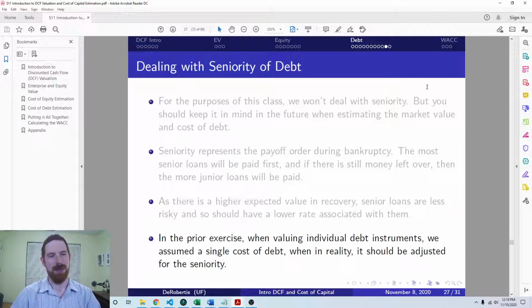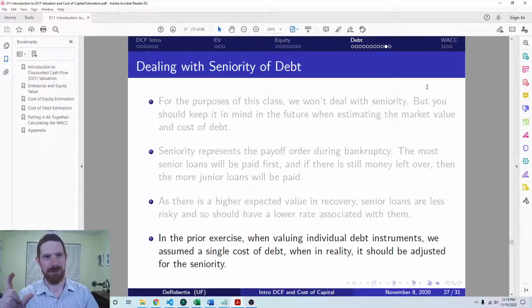And when thinking about the cost and market value of debt in this class, we're not working with the seniority. We're just assuming everything has the same seniority. But in a more detailed model, you would want to find the different levels of seniority in this specific company's debt structure and treat them separately.